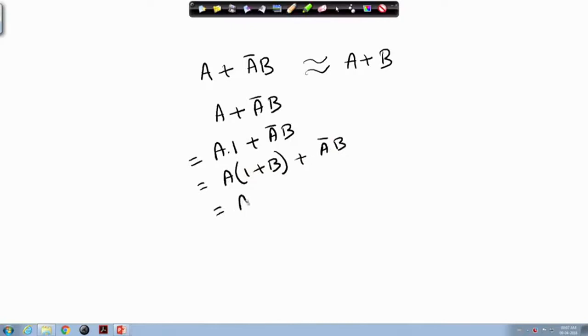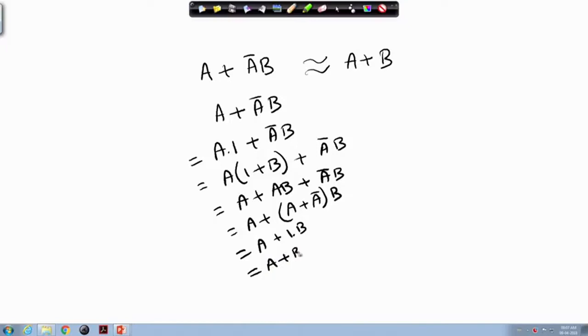If you multiply, you get a plus a b plus a bar b, and so it gives a plus b times a plus a bar. So this a plus a bar is again 1. So, this gives a plus b. In one class there was some confusion about it, so this is the derivation.